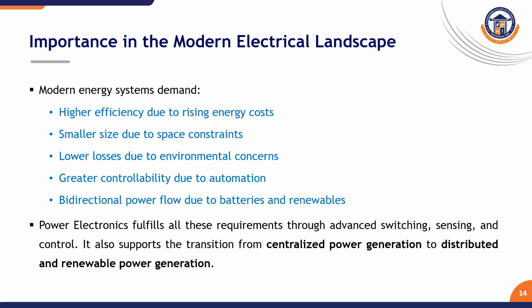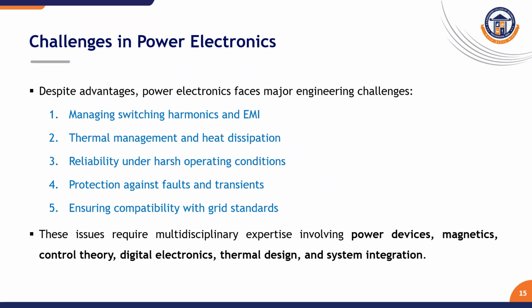So in the modern electrical landscape, the importance of power electronic circuits is that they offer high efficiency, smaller size, lower losses, greater controllability, and, very importantly, bidirectional power flow control in batteries and renewable energies. This supports applications to give high efficiency for the end users.